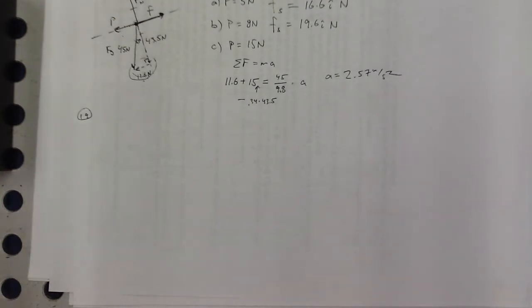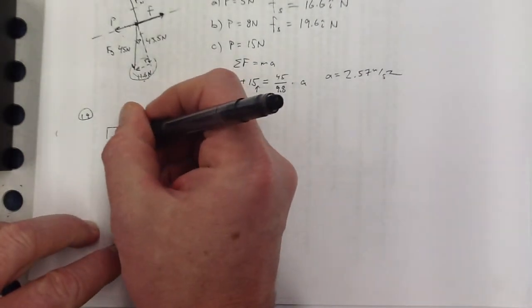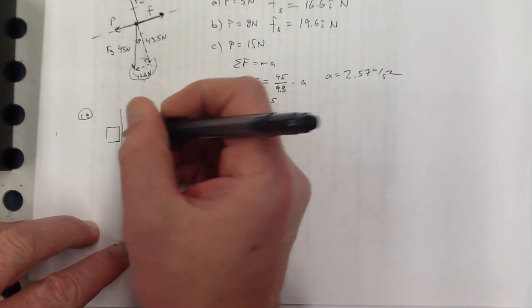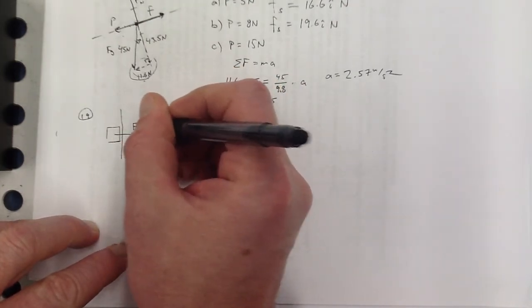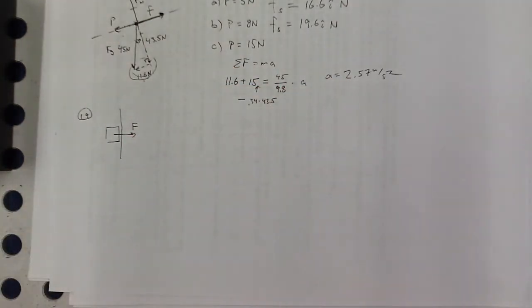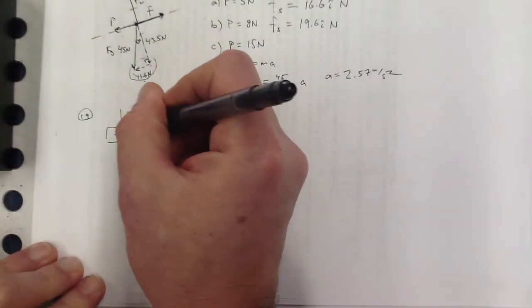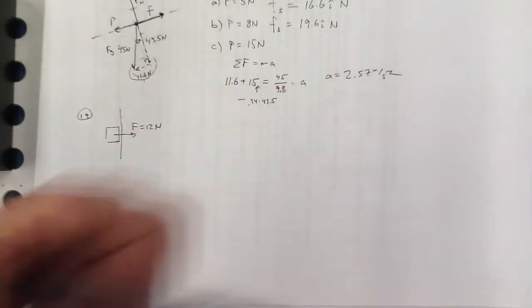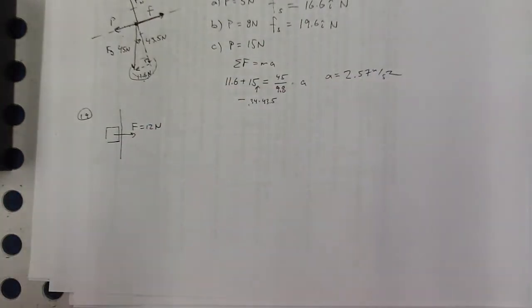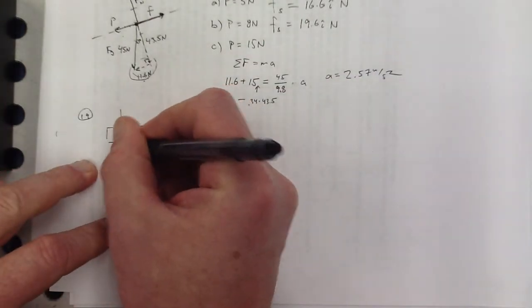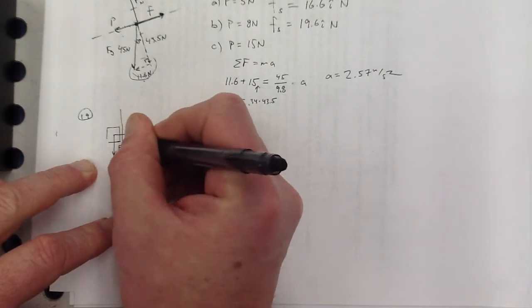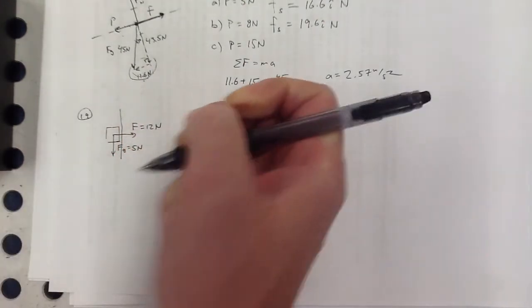Number 19, we have a horizontal force. We've got a block that's being pushed against a wall. A 12 Newton force, this is. And the block weighs 5 newtons.